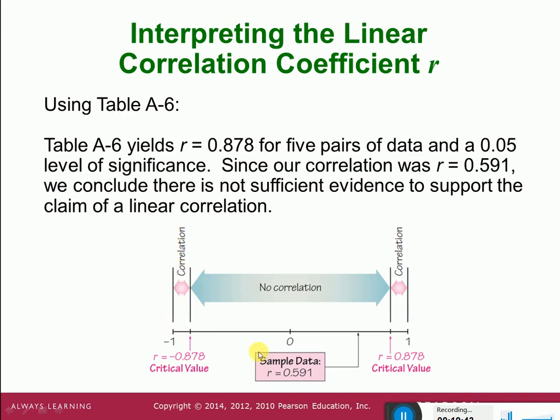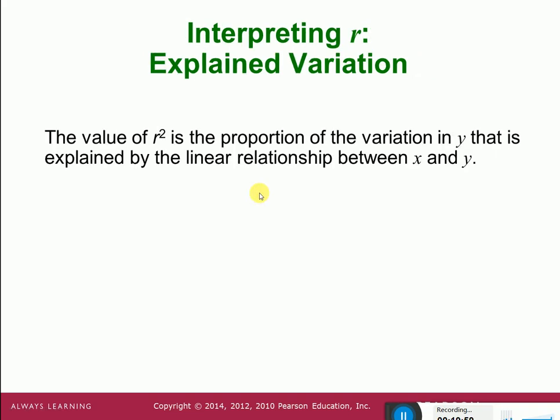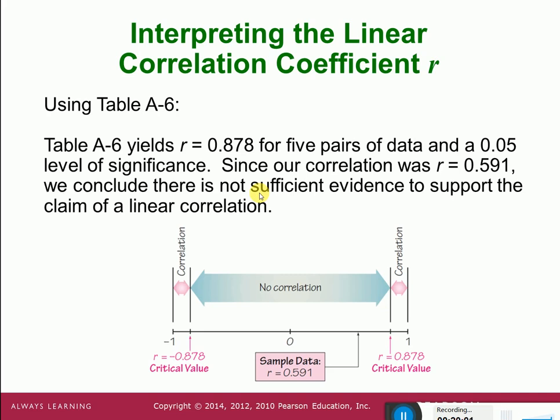However, our value is 0.591 from TI-83. It is here, and it is not inside the correlation region, either here or here. We are in the no correlation region. Therefore, we can make the conclusion that there is not sufficient evidence to support that our sample data has a linear correlation. So there should not be a linear correlation for our previous example.